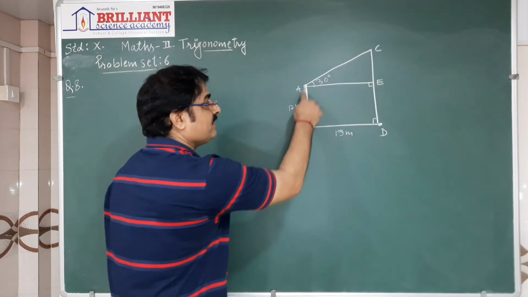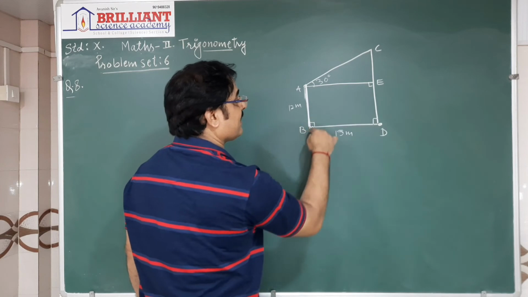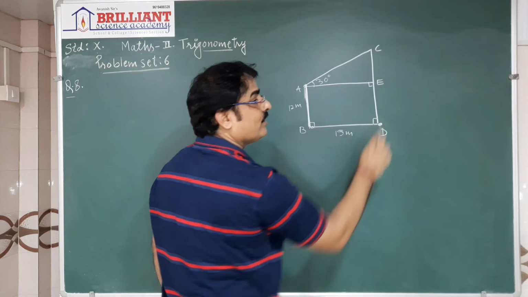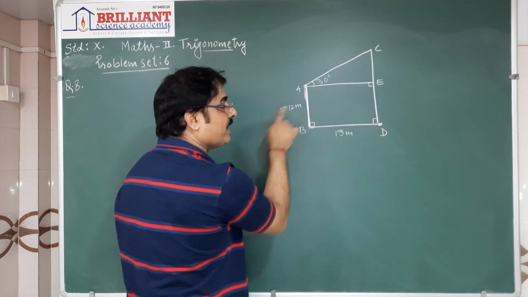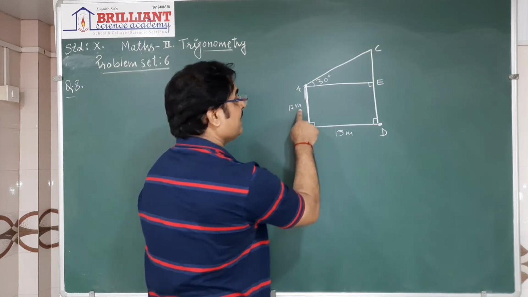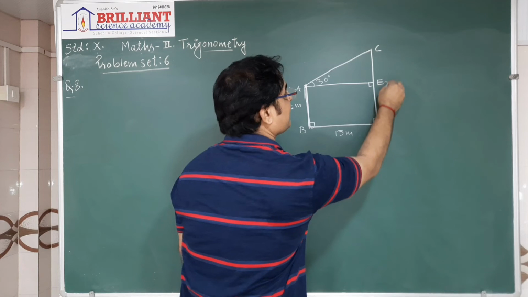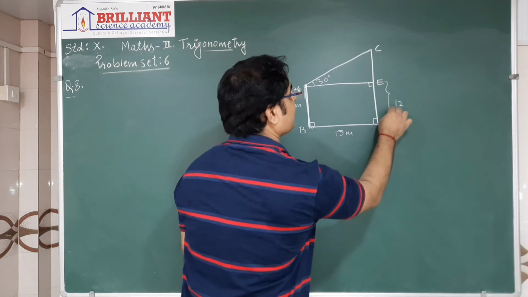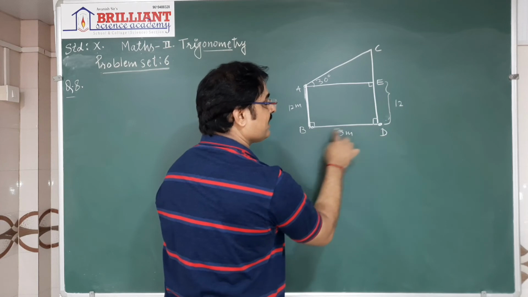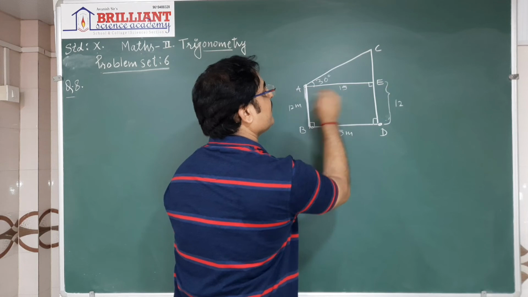You know this is a right angle triangle. So this AB is equal to this DE. Why is DE equal to AB? Because of opposite sides of a right angle triangle. This side AB is 12, therefore DE डी कितना मिल जाएगा, ये 12 मिल जाएगा, and also BD कितना दिया है 15, therefore this AE is also 15 meter.